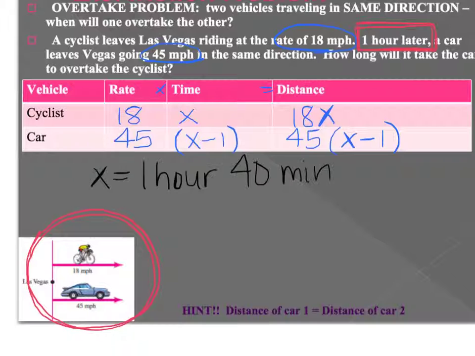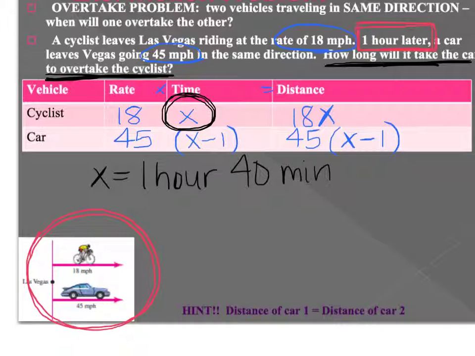Now our equation has given us the answer of 1 hour and 40 minutes for x. So this tells us that x being the variable that represents the time the cyclist was driving, we also need to figure out how long the car was driving, because actually the answer asks how long will it take the car to overtake the cyclist.